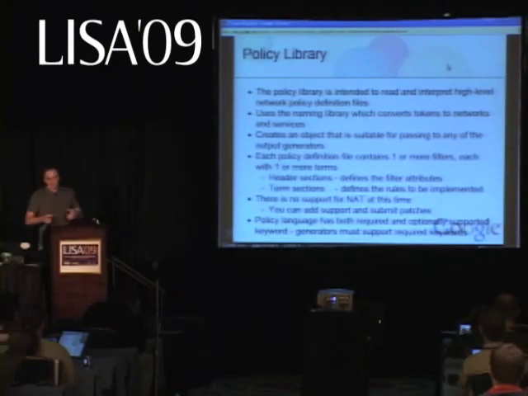And parses it all. We go into a little bit more detail about the policy format in a little bit, but it reads in the file, figures out what type of access control this is going to generate, whether it's going to be a Juniper, Cisco, iptables, reads the individual terms, grabs the token names like source address internal, turns those into an address, turns those into 10/8, 192.168/16, and 172.16/12, turns names like DNS into protocol TCP port 53.